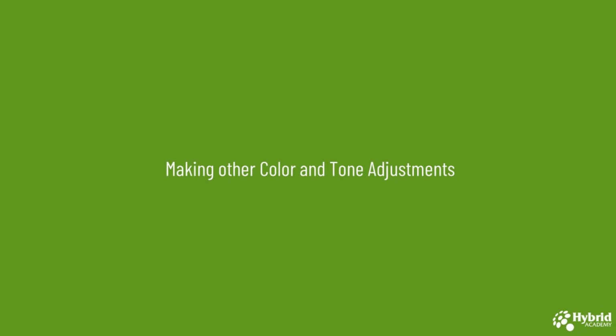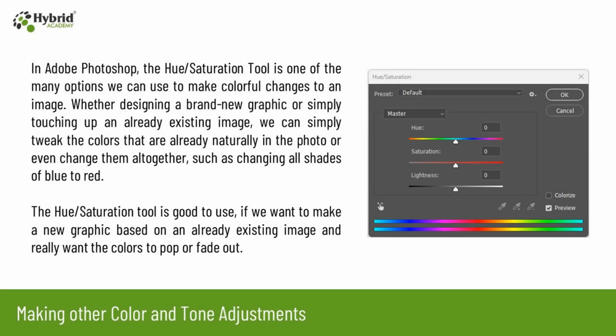Moving further, let's see how to make color and tone adjustments to our picture. In Adobe Photoshop, the hue saturation tool is one of the many options we can use to make colorful changes to an image.